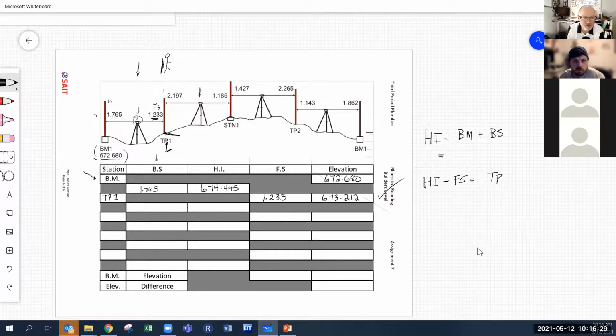And once you move the instrument to a new location, you can now take a back sight. And underneath the back sight right here, we take a new reading, and that is 2.197, as it indicates right here.